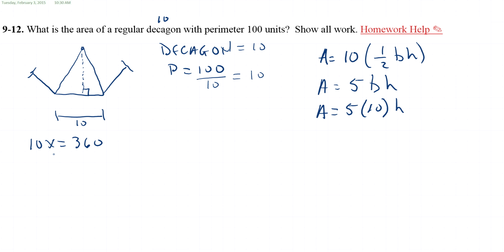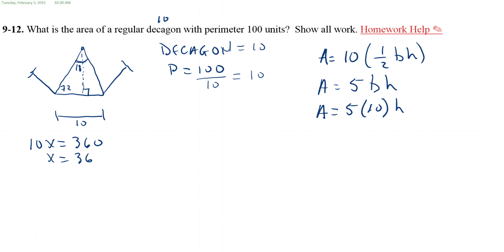So I know there's going to be 10 angles, so x is 360 divided by 10, which is 36. So I know this angle here is going to be 36 degrees, and 36 divided by 2 is 18. So I know this is 18. If that's 18, then 90 minus 18, I know this here is going to be 72.